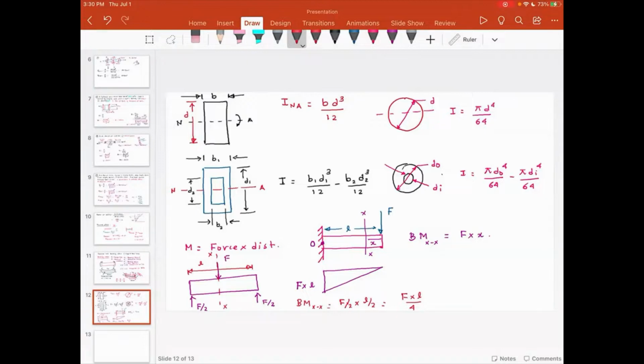Now, y is the distance from the neutral axis. Let me take a couple of examples on bending loads, and then we should be able to solve for the bending stresses and then use the design equations.